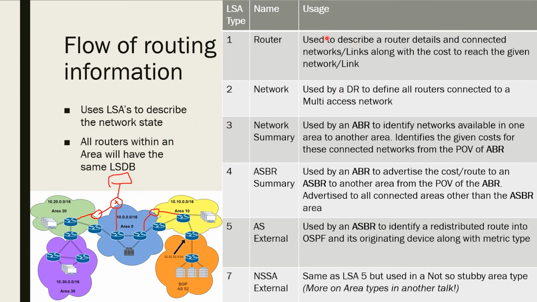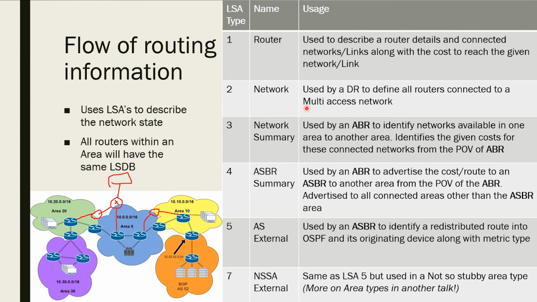So when we look at the LSAs, we have a type 1. That type 1 describes the router and its connected networks, and also the costs associated with them, and some of the attributes related to the relevant device. We then also have a network LSA, type 2, that's relevant to multi-access networks, and it describes all the routers that are connected.